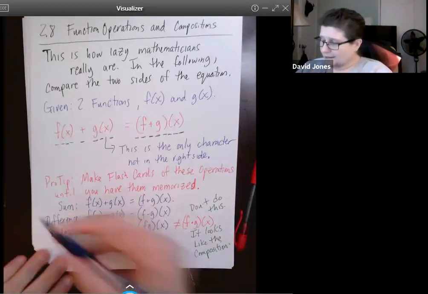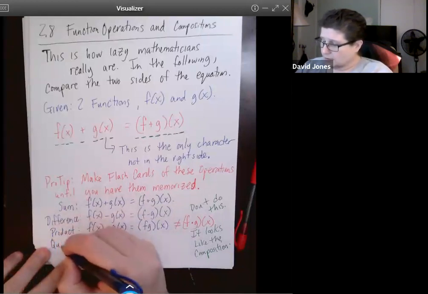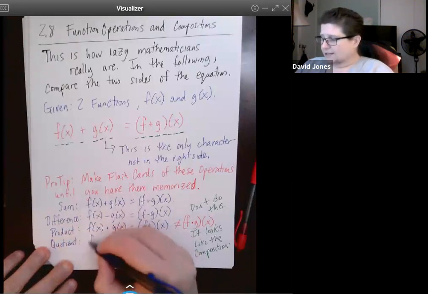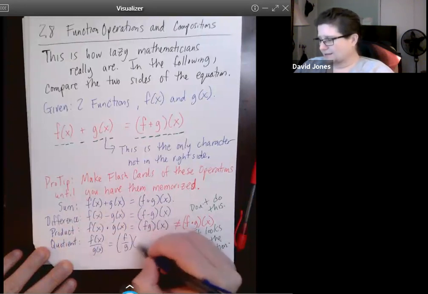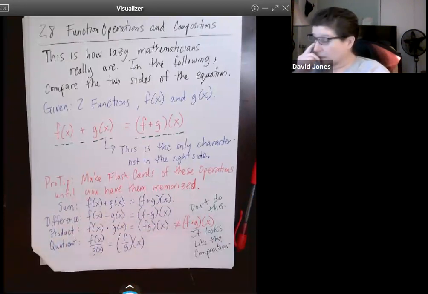And finally, we have our quotient. f of x divided by g of x is f divided by g of x. So again, all we're really saving is the x. On product, we save the multiplication symbol as well.